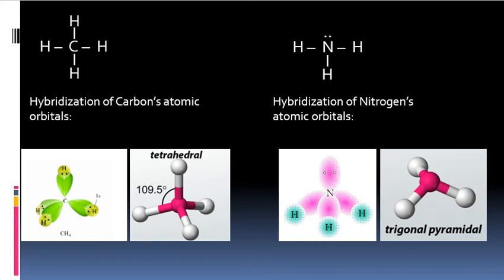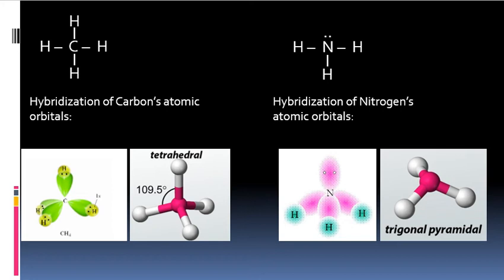Let's look at methane, or CH4. Methane, we have carbon bound to 4 hydrogens, therefore the hybridization on carbon is going to require one of its s orbitals and all 3 of its p orbitals, because in order to form 4 hybrid orbitals, you need to hybridize 4 atomic orbitals. Therefore, the hybridization classification of each hybrid orbital on carbon is going to be sp3.